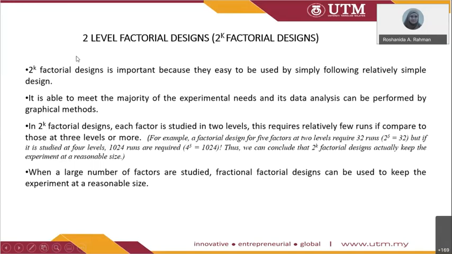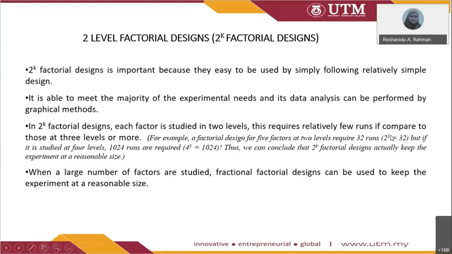Instead of the 2-level factorial design, we have another term, which we call the 2-level fractional factorial design. For Design Expert software users, you can choose, for example, 2 power of 5, you have 5 factors.